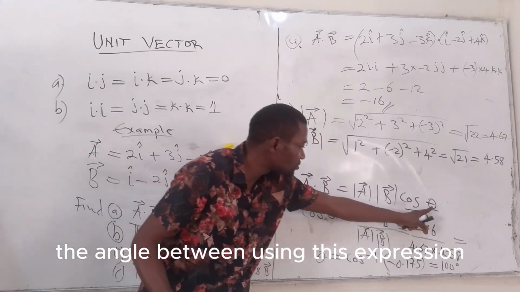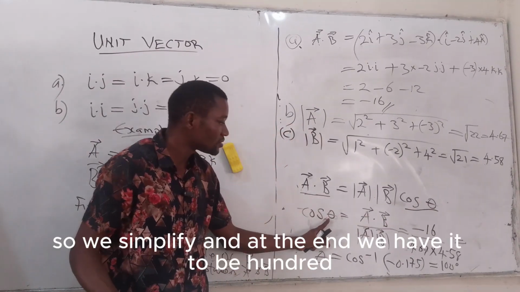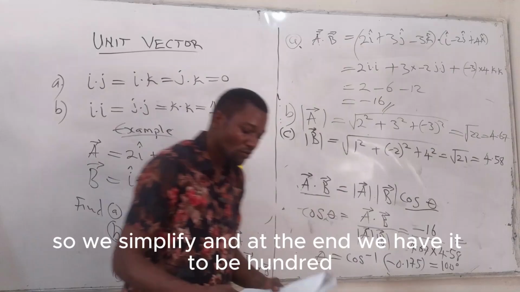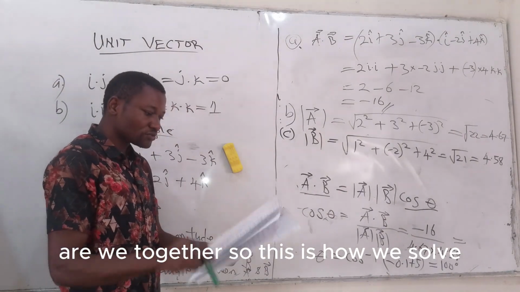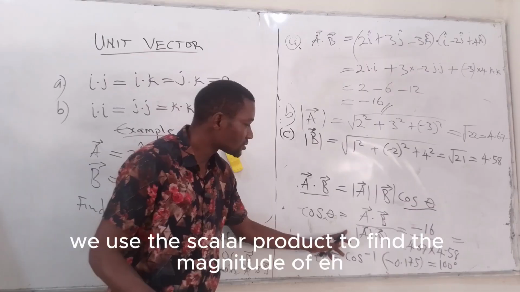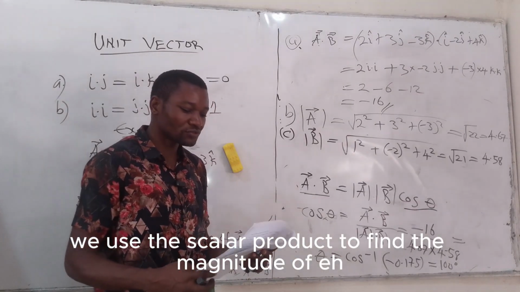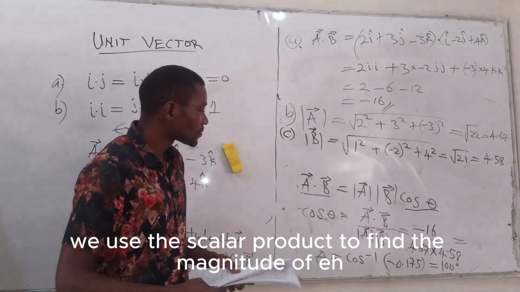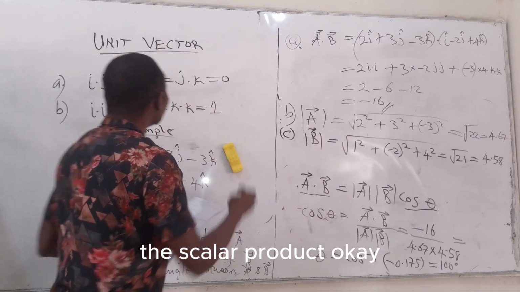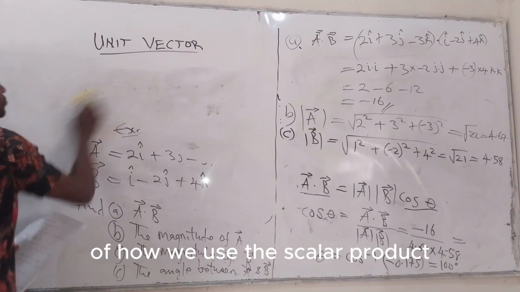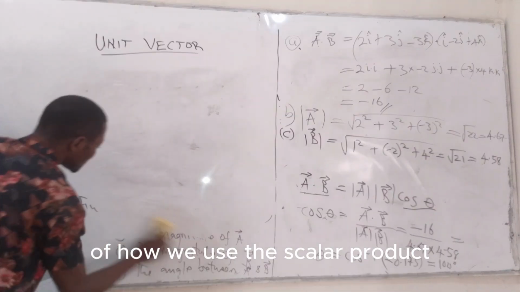Using this expression, this is the angle we are looking for. So we simplify, and at the end we have it to be 100. Are we together? So this is how we use the scalar product. Okay, let's look at another example of how we use the scalar product.